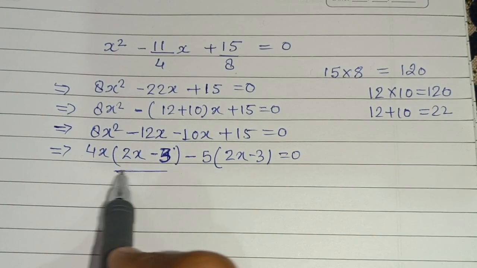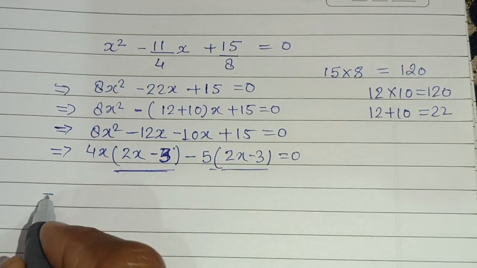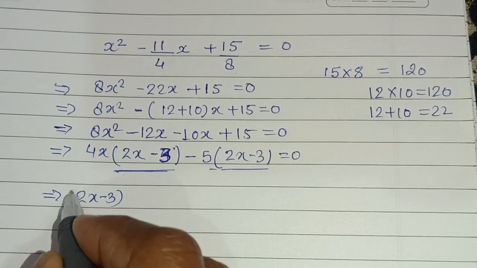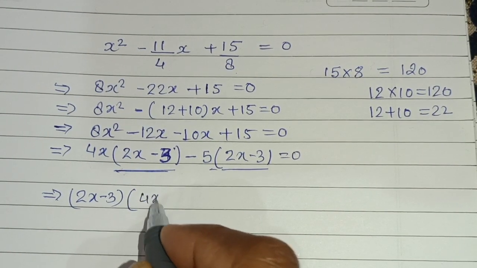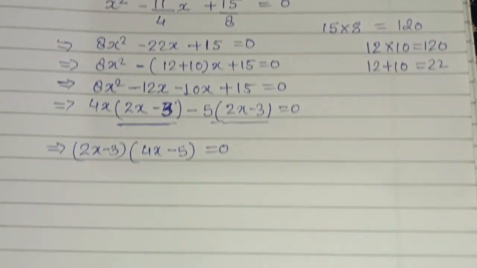As you see, this is 2x minus 3 is a common, so we will write 2x minus 3, and that is 4 minus 5 is equal to 0.